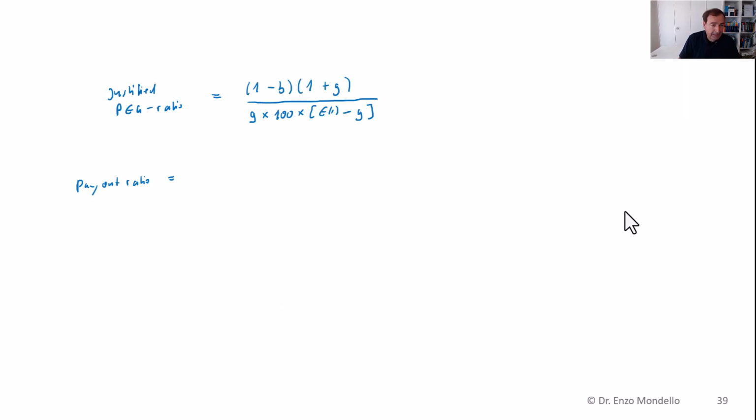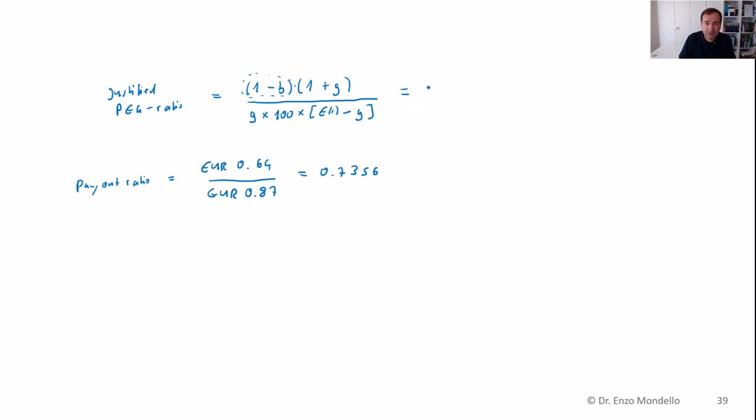If we calculate now the payout ratio, then we obtain a payout ratio of 0.7356.